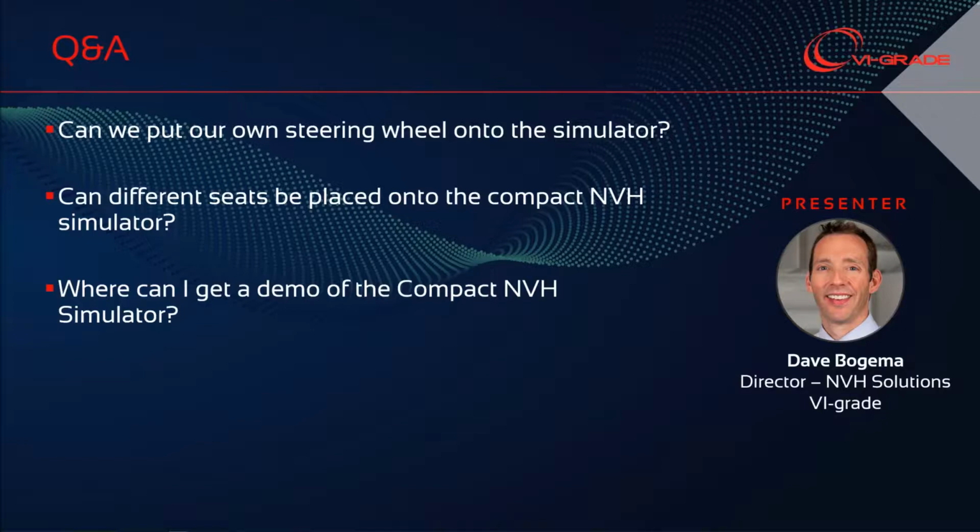Yes, exactly. We use electrodynamic shakers, and each degree of freedom has its own shaker, or in some cases multiple shakers in 1 degree of freedom. So there's actually 12 separate shakers in the NVH Compact Simulator, enabling each direction to be excited independently.